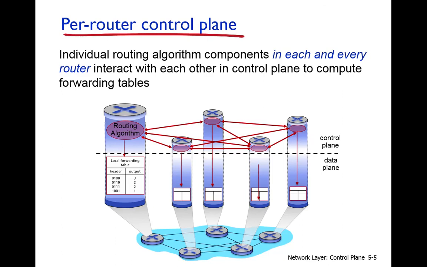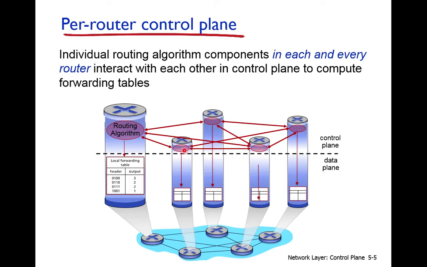Each router has a control plane. It consults the rest of the control plane for their link state information. But when it decides the route, it decides the route by itself. That is the reason.